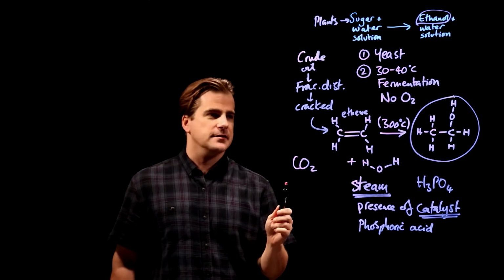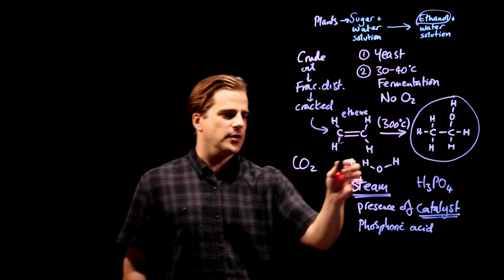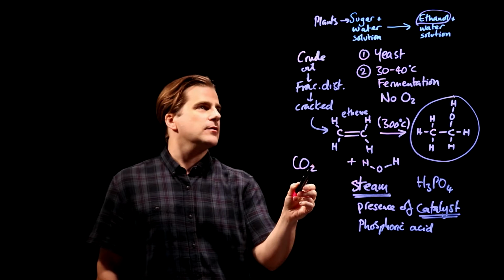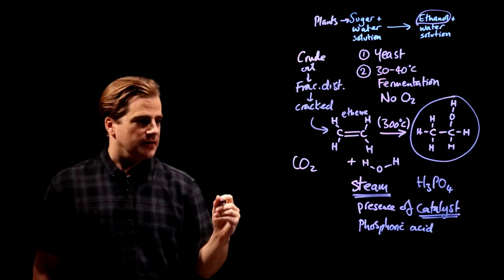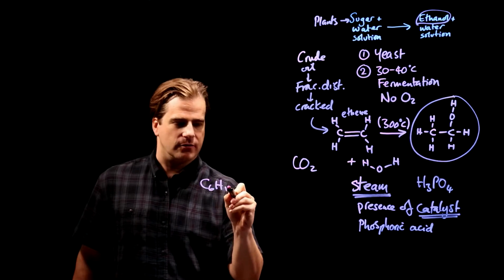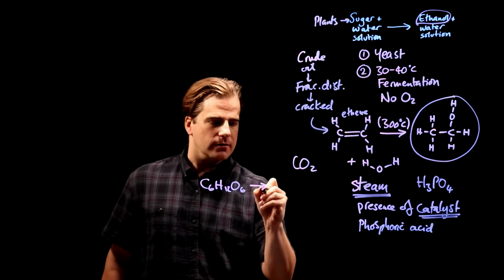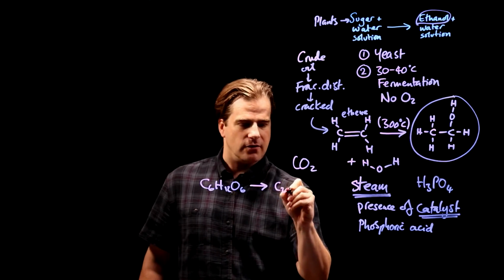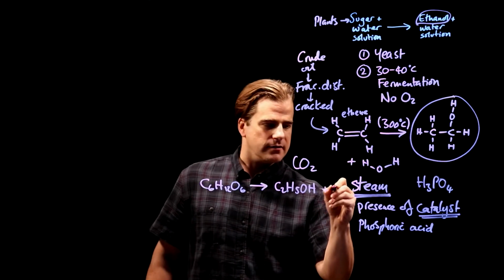Now, you might be saying, hang on a minute, I can't see CO2 as a product of this reaction, but you're telling me that this method produces more CO2. But also, I know, let's draw the equation for this. So it's sugar, that's C6H12O6, okay, glucose, makes ethanol, which is C2H5OH, and CO2.